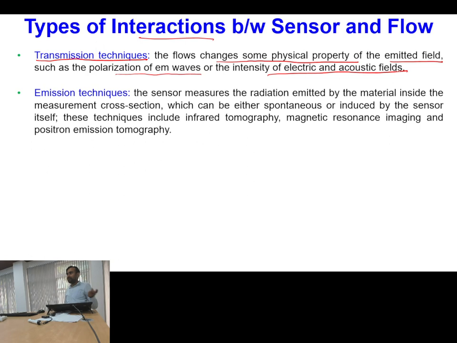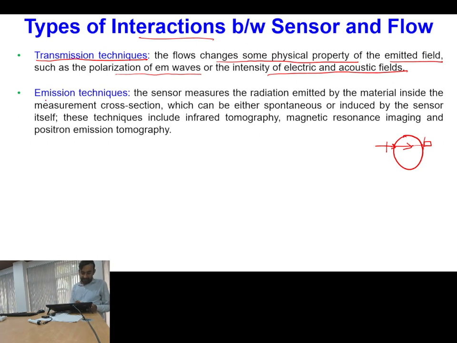So if this is the cross section, a wave is transmitted from one point to another, and while it is taking this path, I will have a change in the signal. So in transmission technique, my source and detector are outside the cross section. Okay, is this point clear?